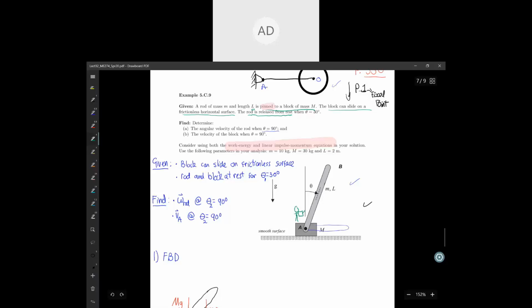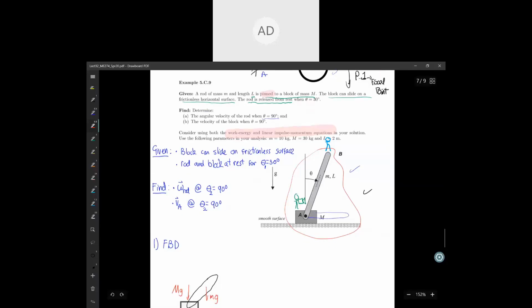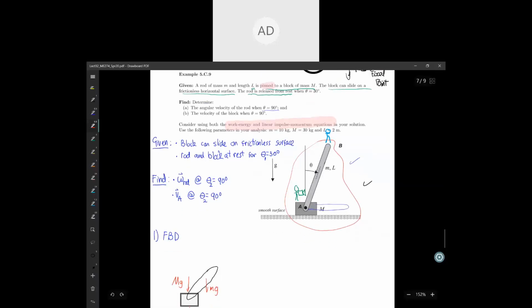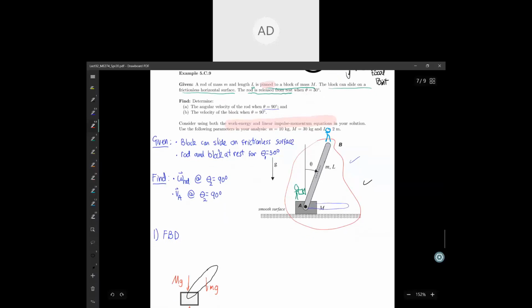So if I put my observer over here and my observer over here, we see that there's going to be relative motion between the two. So once more, there is internal motion in our system if we draw a bubble around it like this. And that type of situation, when there is internal motion, leads to the need to use impulse momentum equations, one of the two, and work energy.